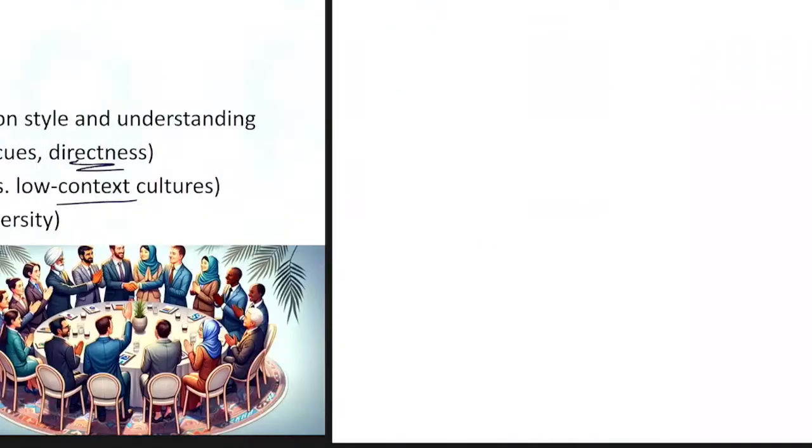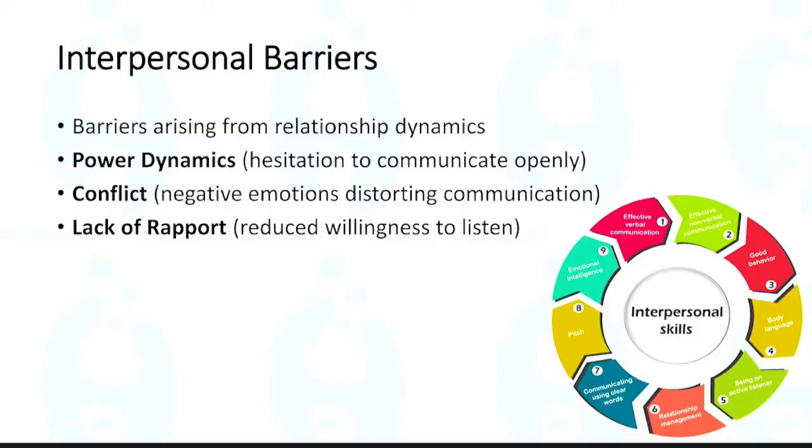Next, coming to interpersonal barriers. We have mentioned power dynamics. If the power dynamics is imbalanced, if it is not balanced, then that will lead to problems, right? For example, in a professional setting where there is a manager and an employee, or a teacher and student, there is an imbalance of power.